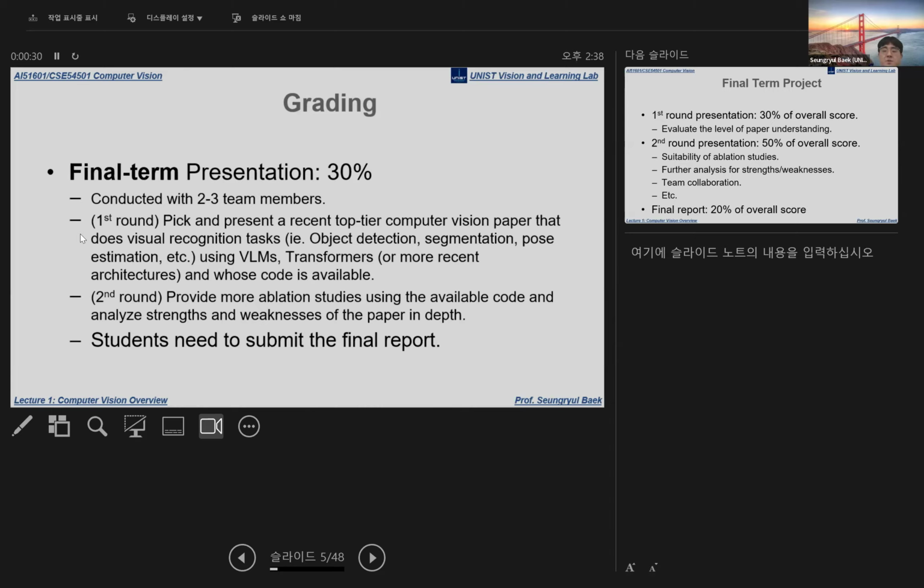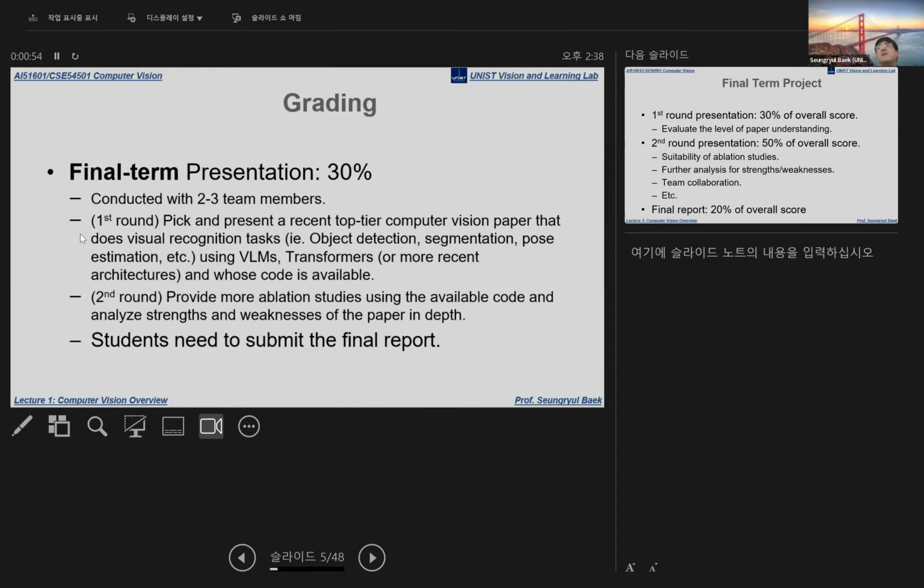So the paper's topic has to be related to object detection, segmentation, or pose estimation. And the method has to use VLM, transformer, or more recent architectures. And also, the code for that paper has to be publicly available.